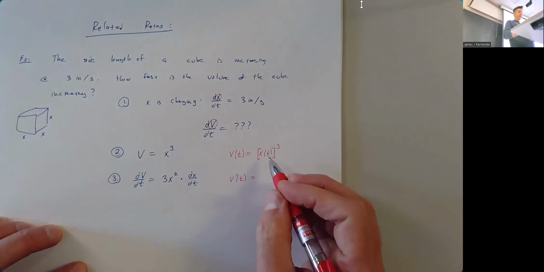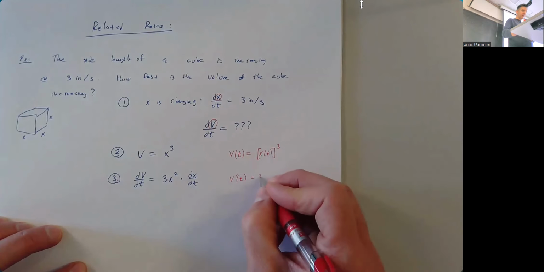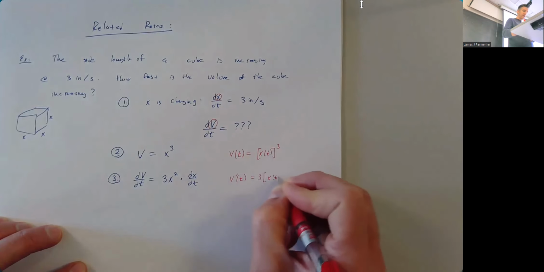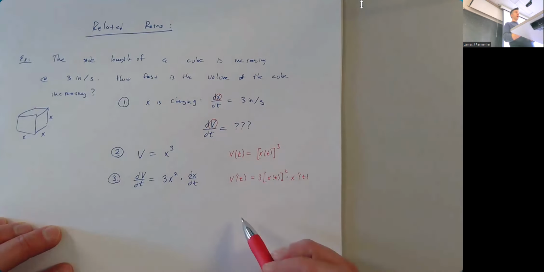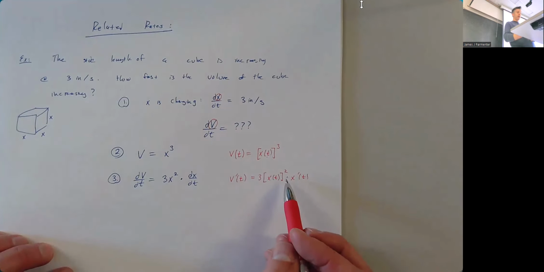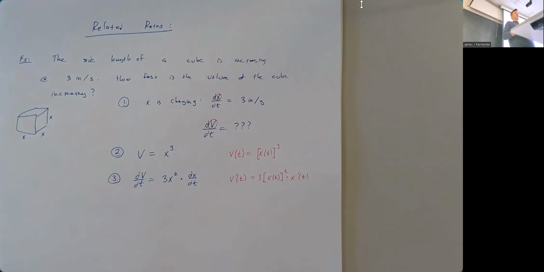The derivative of x(t) cubed is 3 times x(t) squared times x prime of t. There's absolutely nothing wrong with writing it this way. It is the same information conveyed as this, just written with different notation. It's more typical to write it this way. But if you write it this way, no one should have a problem with that at all.